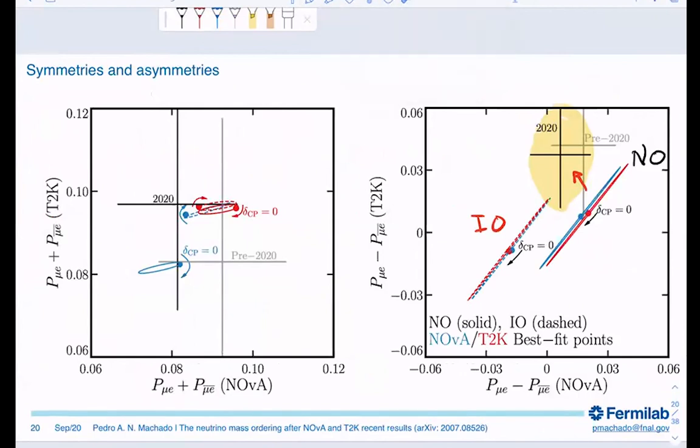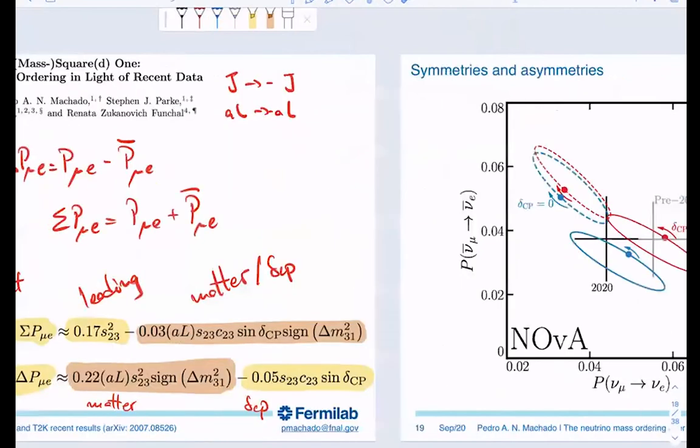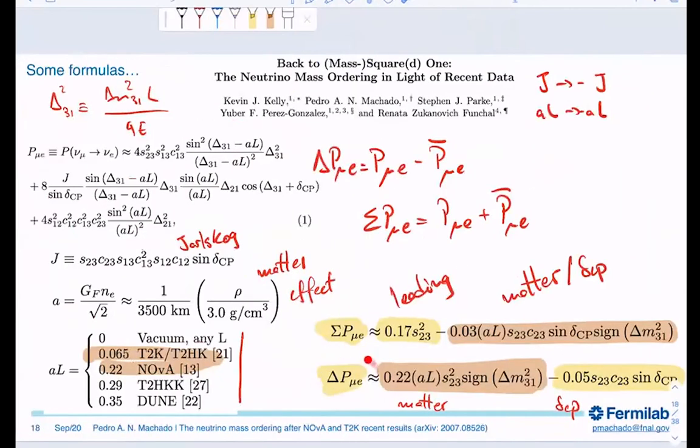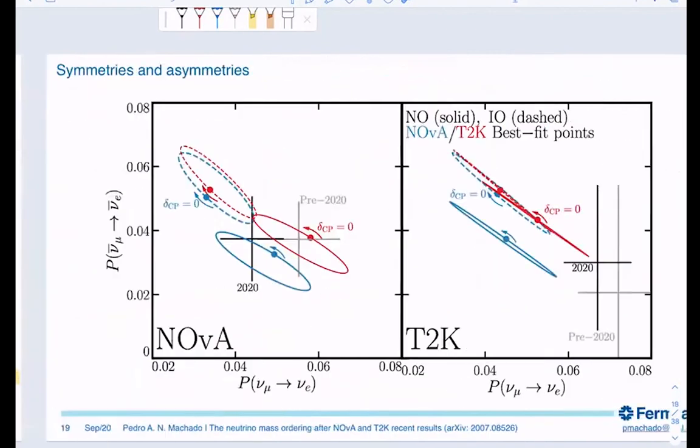So if you go back here to the formulas, the asymmetry here in probability has two terms, one that comes from intrinsic Cp, but there's another one that comes from matter effects. Since the matter effects for T2K and NOVA are different, you would expect them to be different.